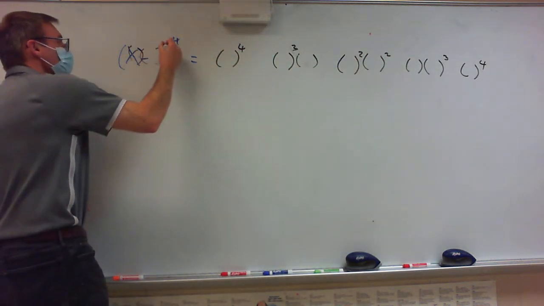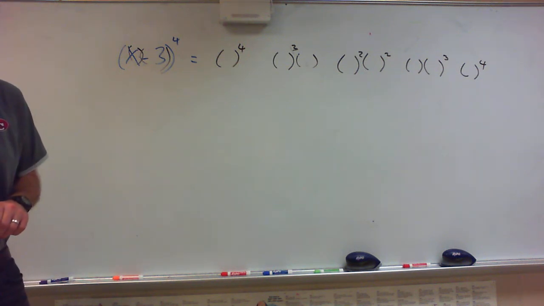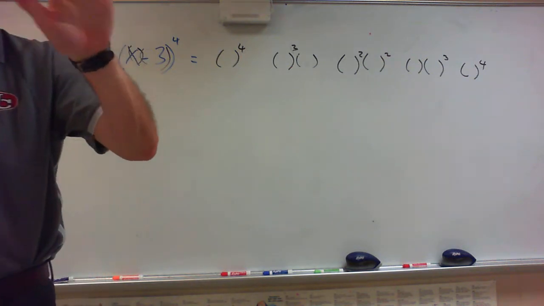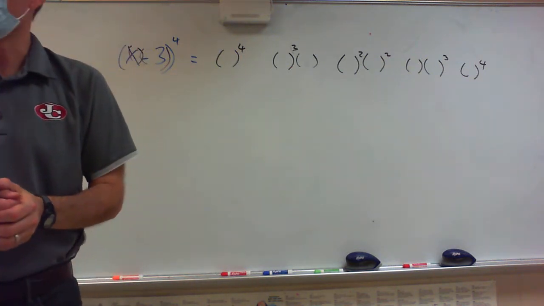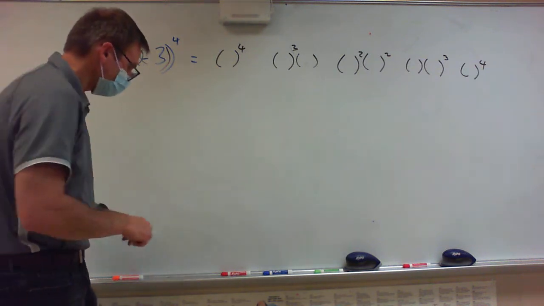You have 2 somethings. You don't have to do the parentheses in the future, but this is what I do. I'm trying to train you how I look at something. All right?